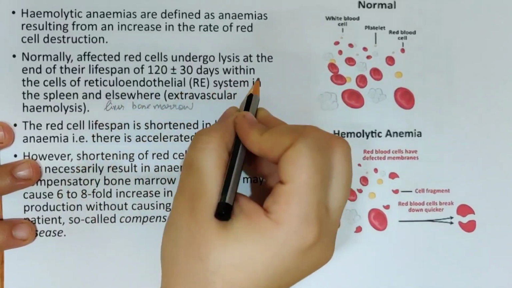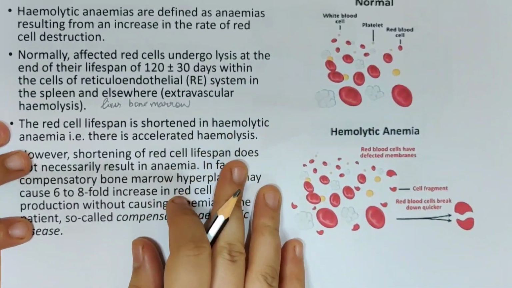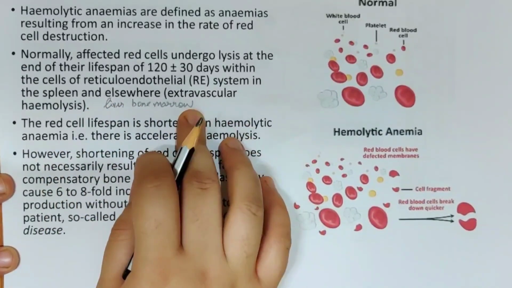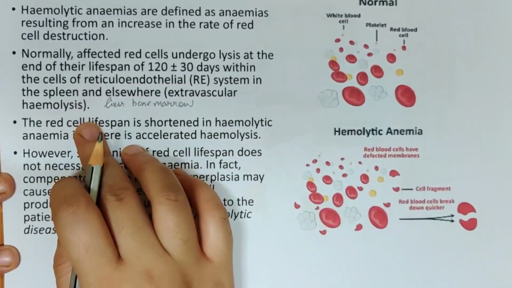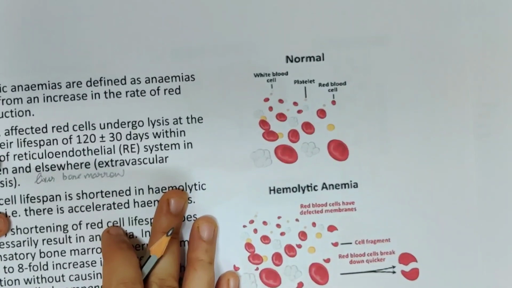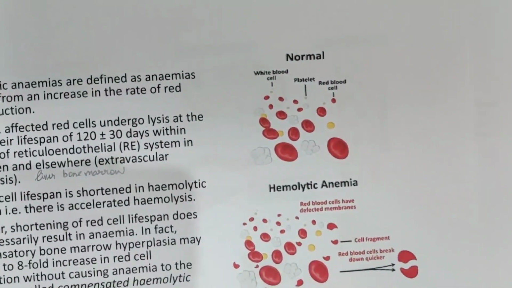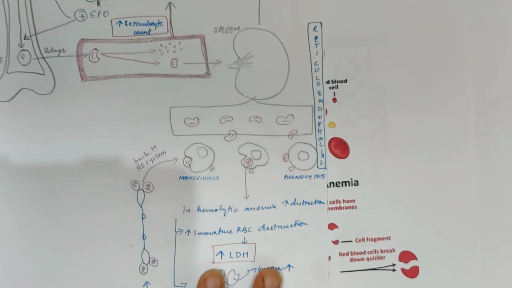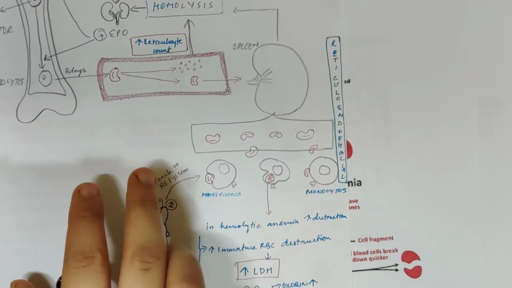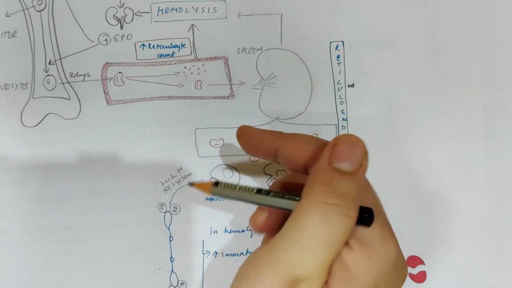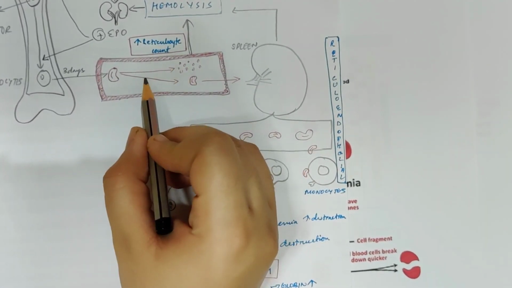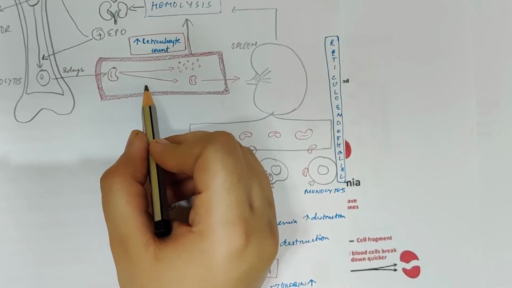Okay, these will make your reticuloendothelial system, and this constitutes a part of extravascular hemolysis. Now you need to understand what is intravascular and extravascular. We will be coming back to this diagram again, but just to understand, anything that is happening inside the capillaries or the vessel is known as intravascular.